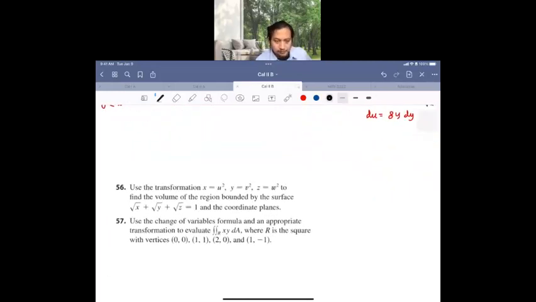These two questions. And check the result. And number 57 is quite a tricky one. But you could check it out, okay?